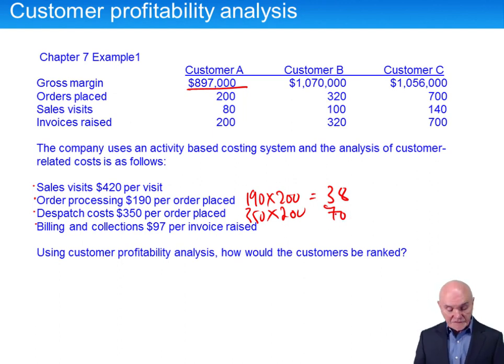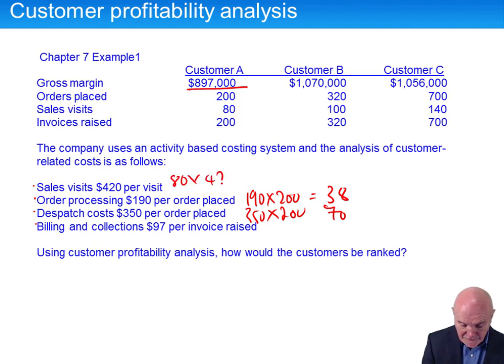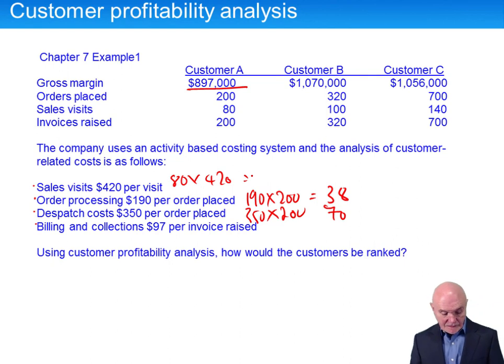Then we have sales visits. Each visit costs 80, so it's going to be 80 times 420. It's going to be 33.6 in thousands.